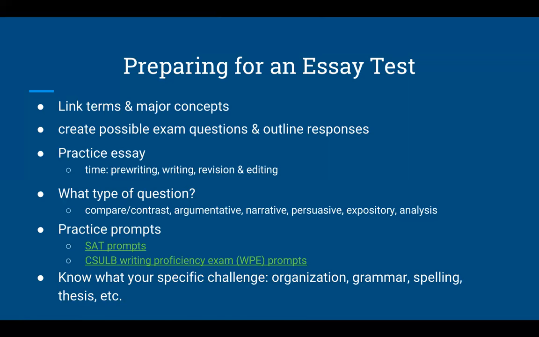One of the reasons timed writing is really important, and why I like to go over it, is that the Cal State system, when I was in college, required every student earning a degree to take a timed writing exam. They had to have proficient writing skills in order to get their degree.